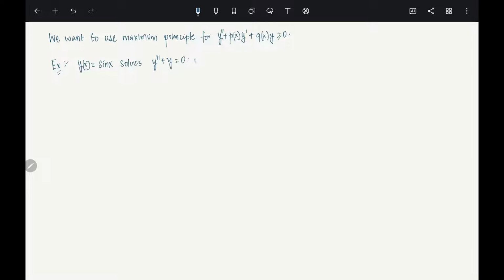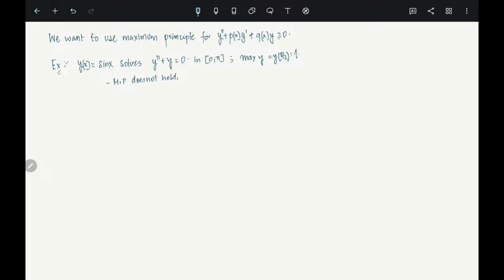Now in (0, pi), where do you think the maximum is attained? The maximum is attained in the interior, at pi by 2, where y equals 1. So it is attained at the interior. So basically the maximum principle does not hold. Clear? So basically you cannot expect this.